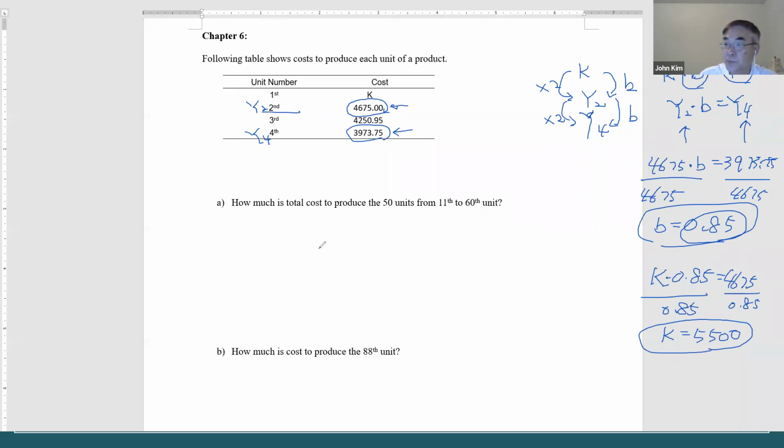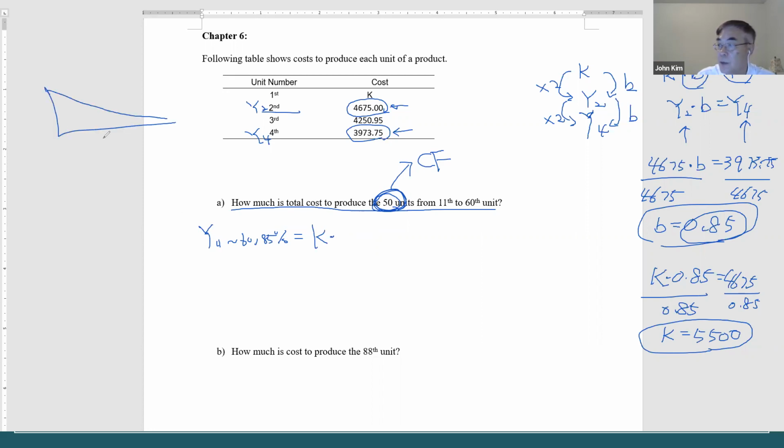Okay, now this one: how much is the total cost to produce 50 units? We should use the cumulative factor. So this one is Y 11 to 60 at 85%, equals K times the cumulative factor from 11 to 60.